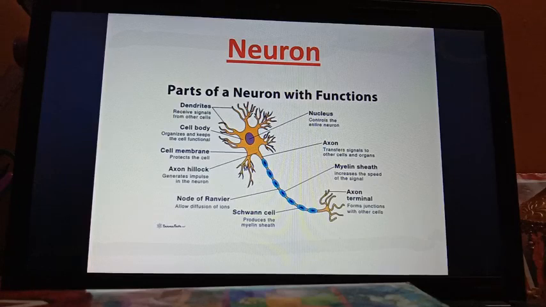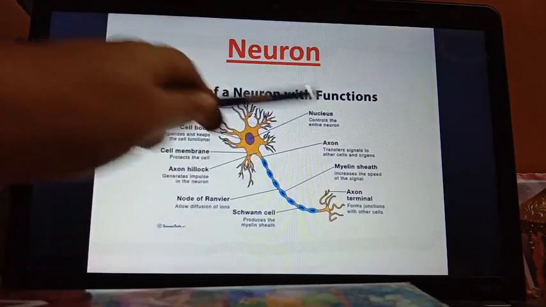Dendrons are the short processes coming out from the cyton, which again branch to form dendrites. They mainly receive the impulses and carry them to the cell body. Next is axon.